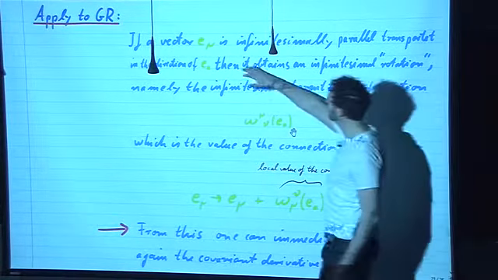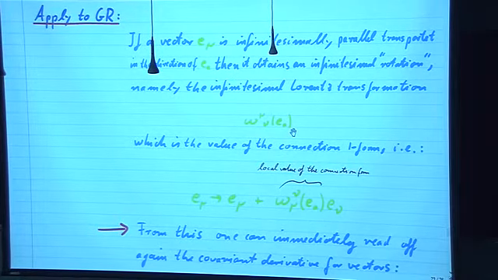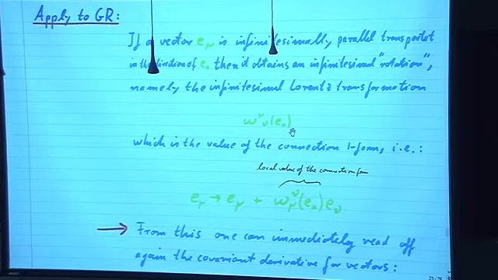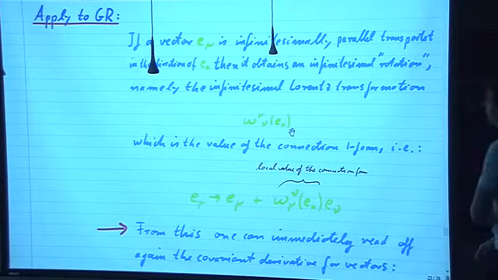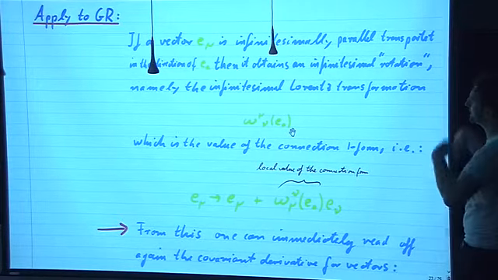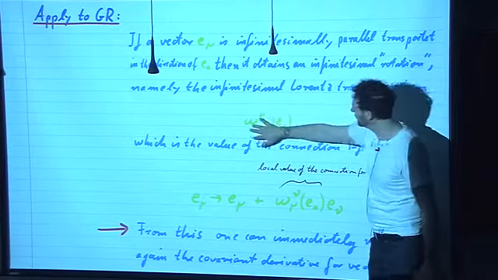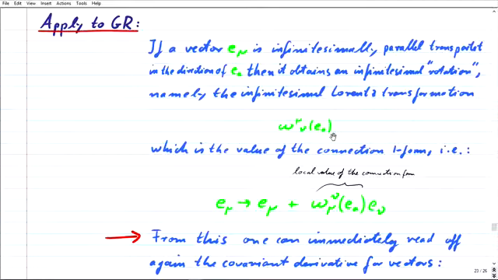Now, if E mu is a vector that is infinitesimally parallel transported in the direction of some tangent vector EA, then we know that it obtains an infinitesimal Lorentz transformation, which is simply given by this. This is the infinitesimal Lorentz transformation, where, remember, this is the connection 1-form. Infinitesimal Lorentz transformation valued 1-form.